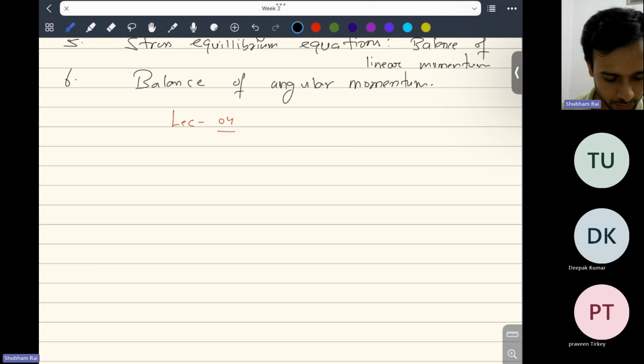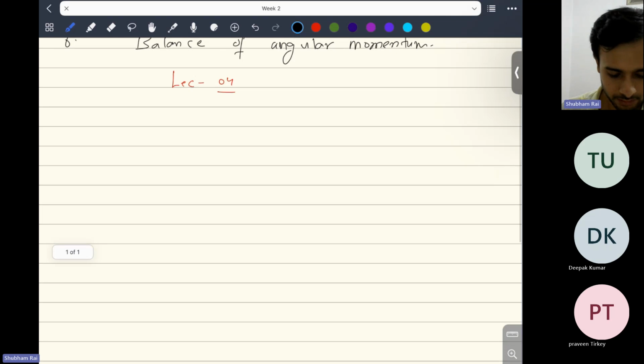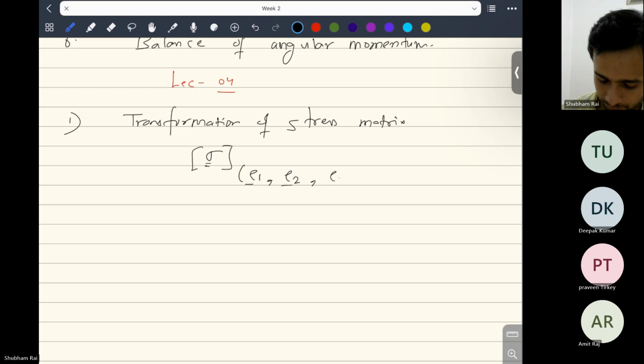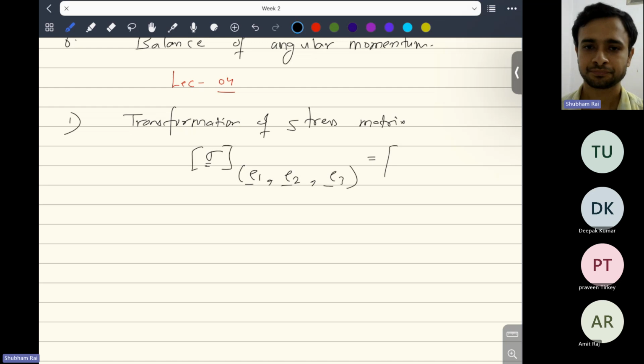So lecture 4 was based on transformation of stress matrix. So let's say you have sigma as a stress tensor, and you have that in coordinate system E1, E2, E3. So that can be represented by, let's say you have three traction vectors also, on the planes having their plane normal as E1, E2, E3.